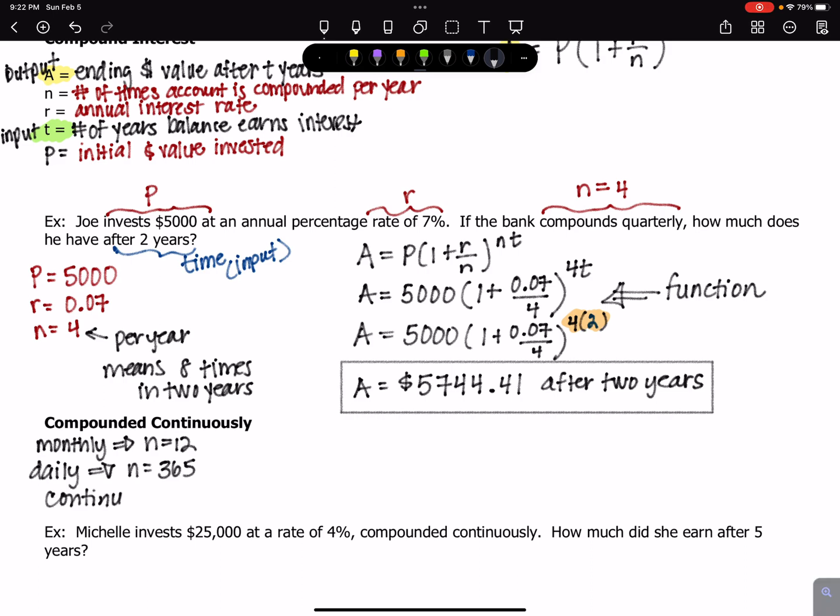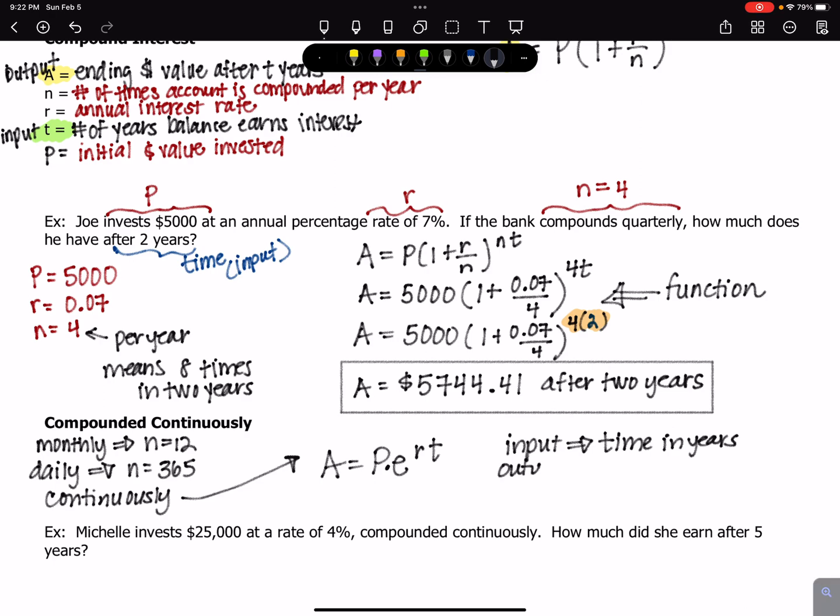Continuously is even more so than daily. You don't have to wait until the end of the day. It's continuously earning interest. And that is when we use the value of E. So we have A equals P times E raised to the RT power. Again, our input is our time in years.